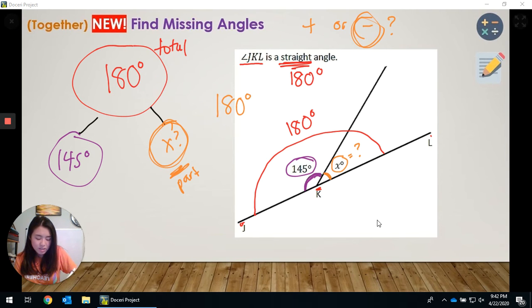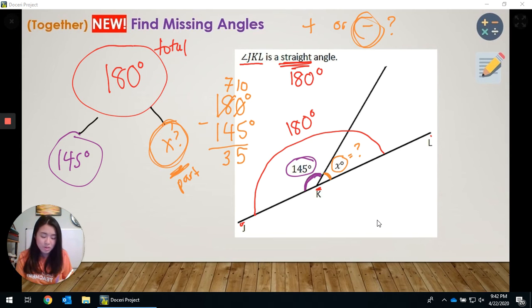180 degrees subtracted by 145 degrees. If we look at this, are we ready to subtract? We do not have enough ones, so we have to regroup from the tens. 8, we're going to borrow one of them, so it now becomes a 7, and our ones gets 10 more. 10 minus 5 ones is 5. 7 minus 4 tens is 3.